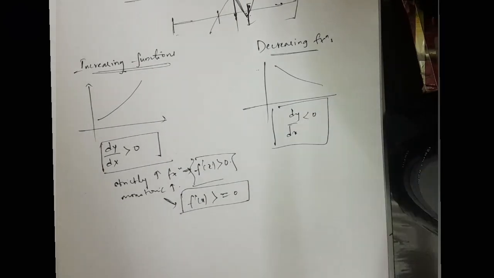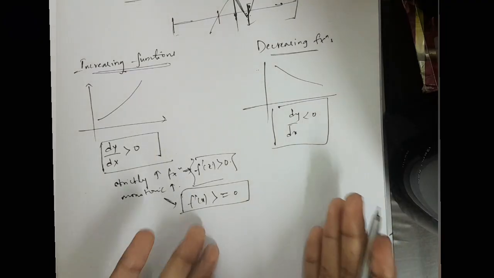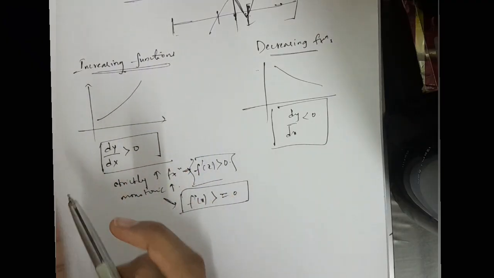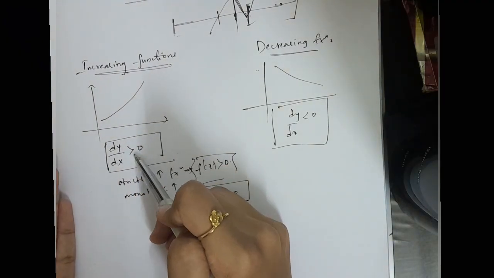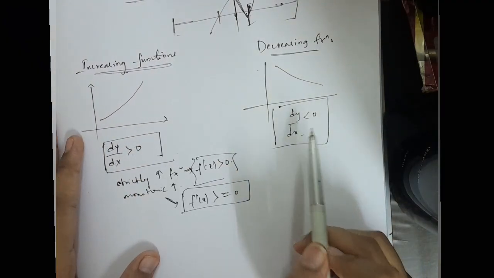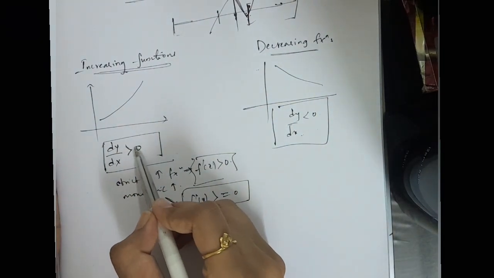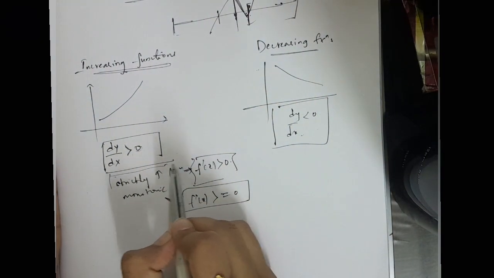This is actually a really important topic for both Mains and Advanced, and especially for Advanced, which is increasing and decreasing functions. For an increasing function, obviously the slope at any point is greater than 0, and for a decreasing function the slope is less than 0. However, this condition only applies to strictly increasing functions.